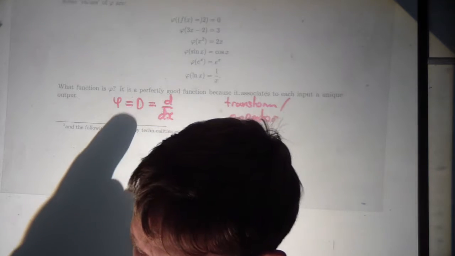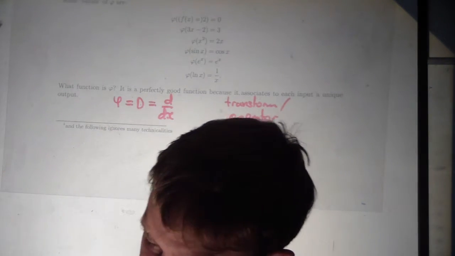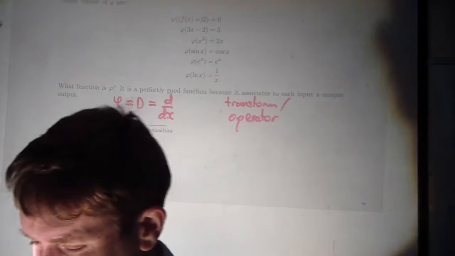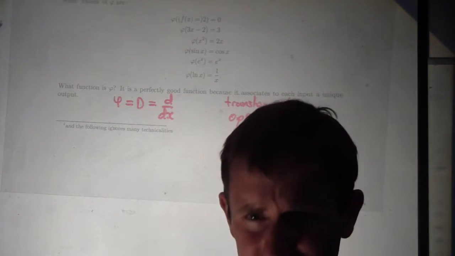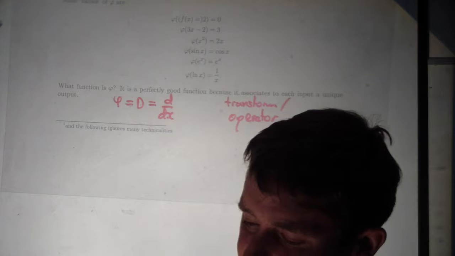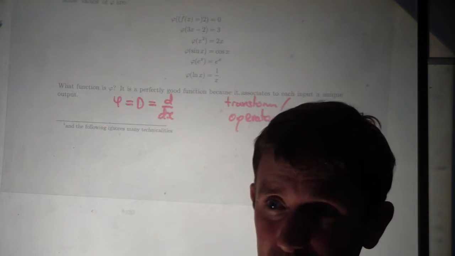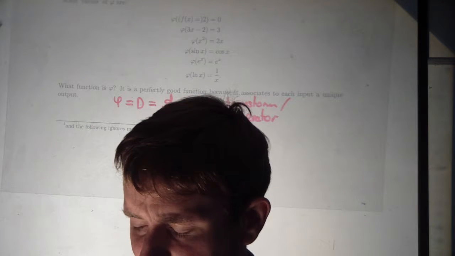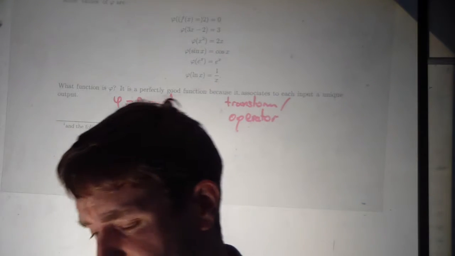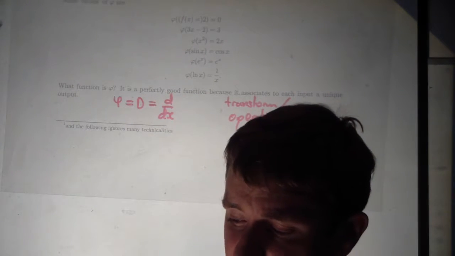The weird thing is that these transforms or operators are functions, but you put a function into them, so the input to the function is another function. That's confusing, so we call them operators. So the input to the operator is a function. You give an operator a function, it spits out another function, or you give a function to a transform, it spits out another function.